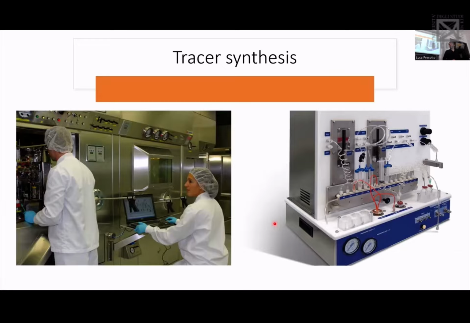Now, I've glossed over one thing up to now. I kept on talking about these radioactive isotopes, but why would you care about fluorine-18? We actually don't care about fluorine-18.